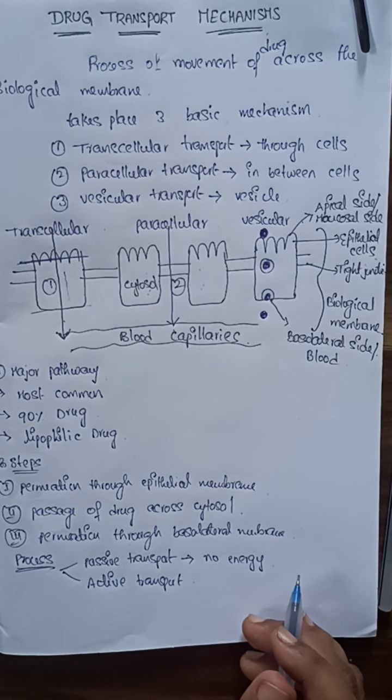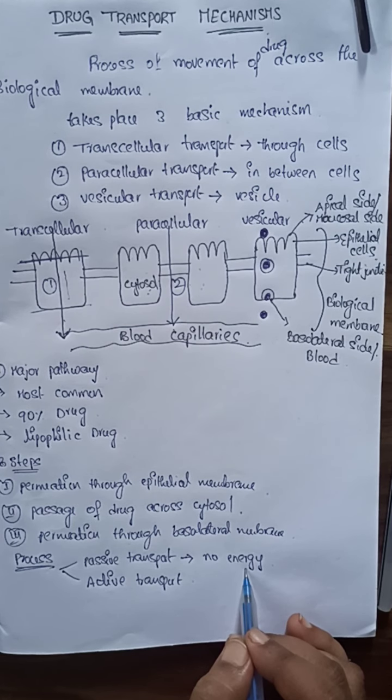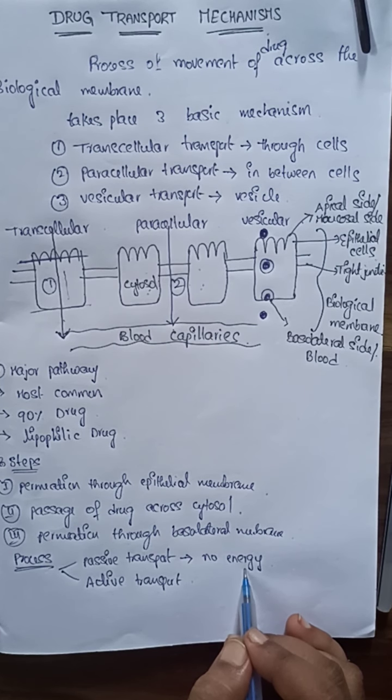So the transport of the drug across the membrane does not require any energy, and that process is known as passive transport. Mostly passive transport involves different processes like passive diffusion, pore transport, ion pair transport, and facilitated or carrier mediated transport. These four come under passive transport.